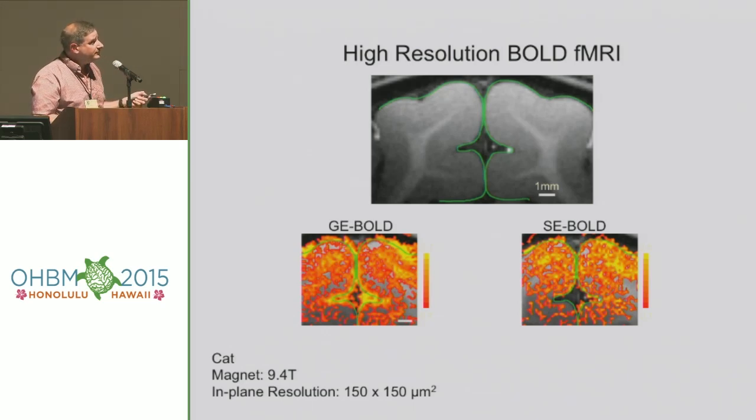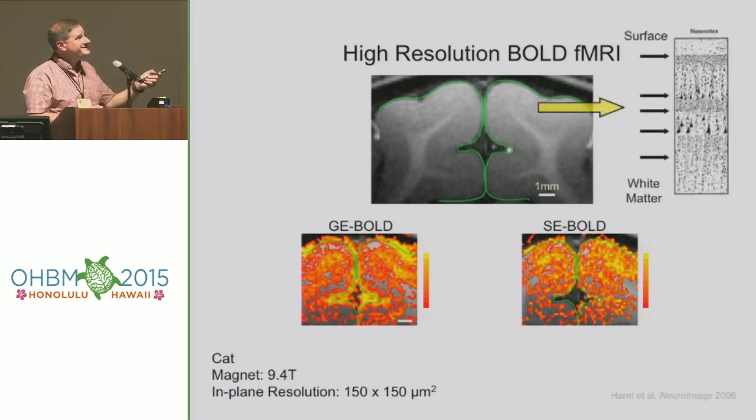And what we see is that in both cases, if you just follow the gray matter and the white matter here, you have some kind of line or area with high activation in the tissue. And the question is, where is that signal coming from in the histology of the visual cortex?